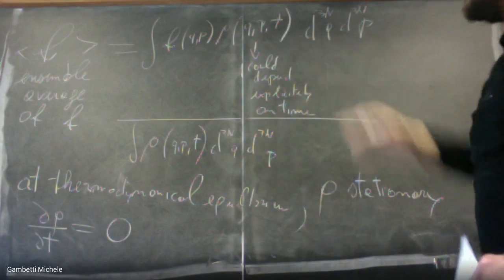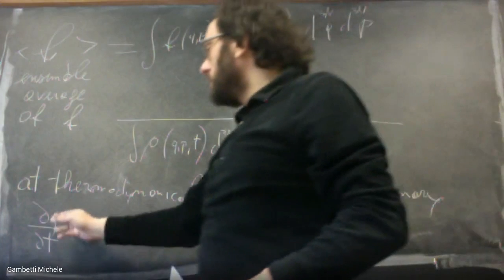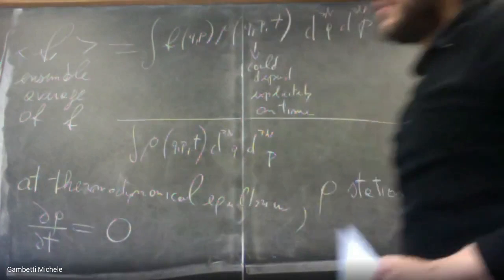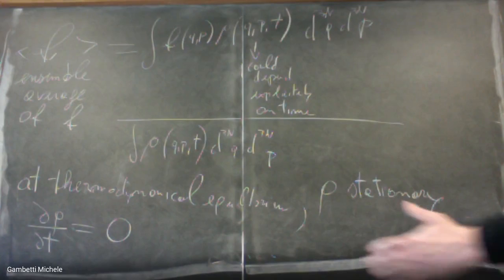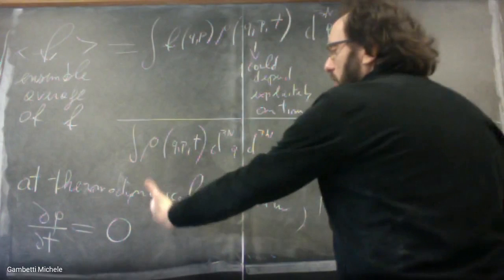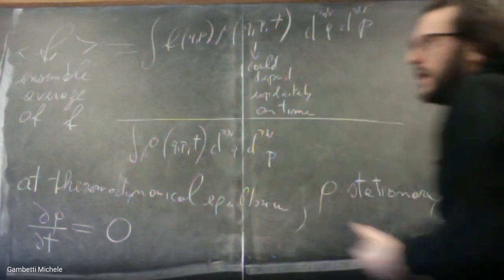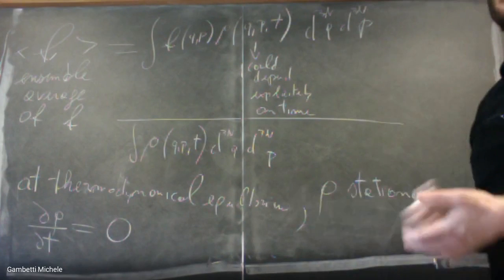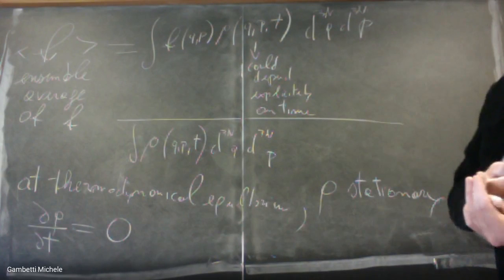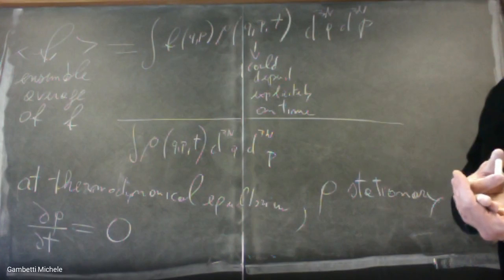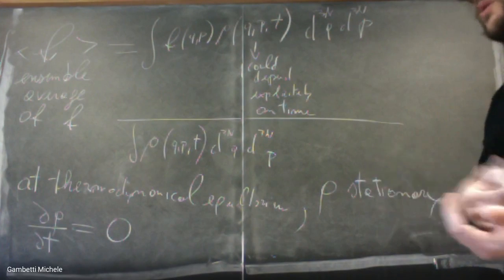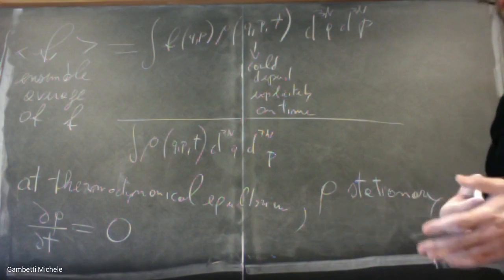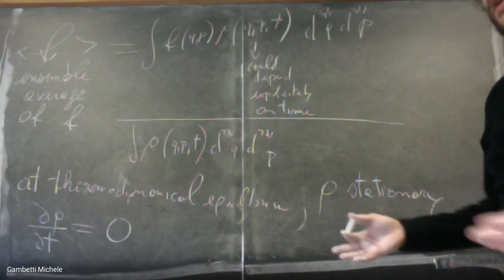And indeed, in the cases in which the explicit derivative of rho with respect to time is equal to 0, we have the situation of thermodynamical equilibrium, similarly to the case in which, in the Boltzmann transport equation, we have considered the partial derivative of f with respect to time.